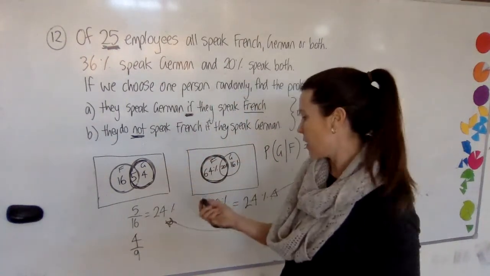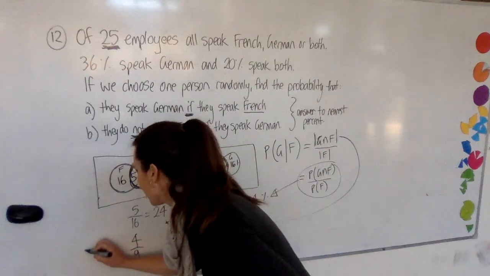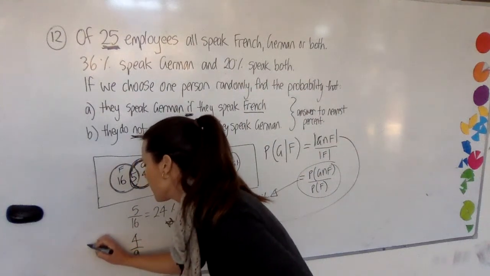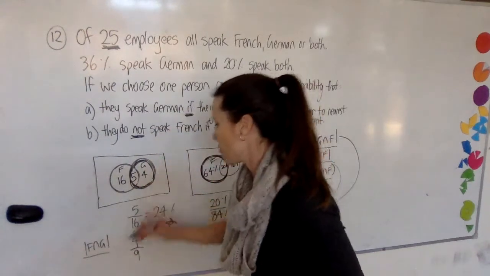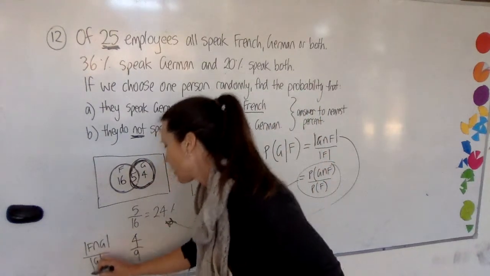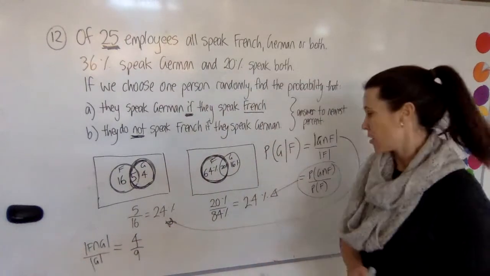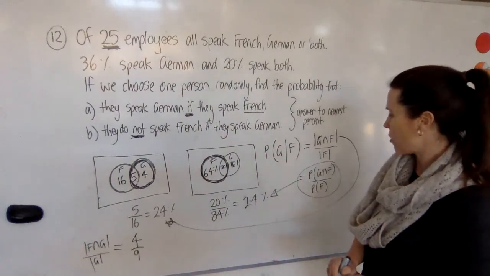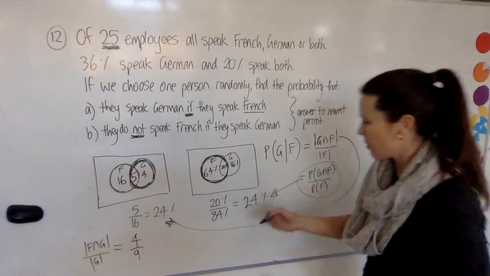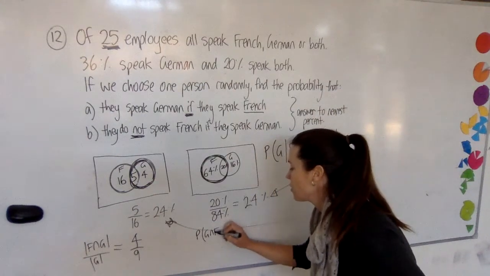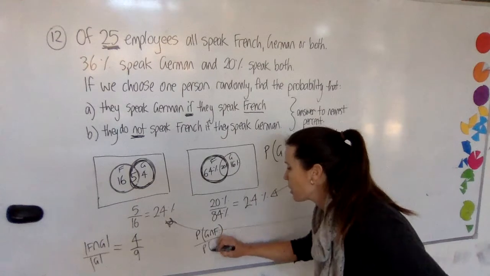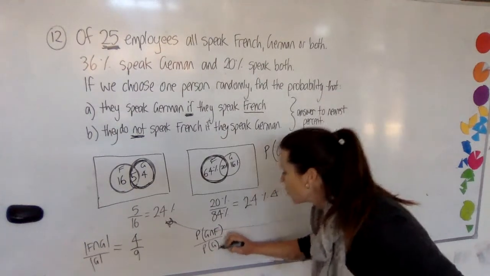And what I've done is I've actually just found the number of people that are in the intersection over the number of people that are in G altogether. Somebody else who's using the percentages could equally get to the same thing. They're finding the probability of being in the intersection over the probability of just being in the German circle.